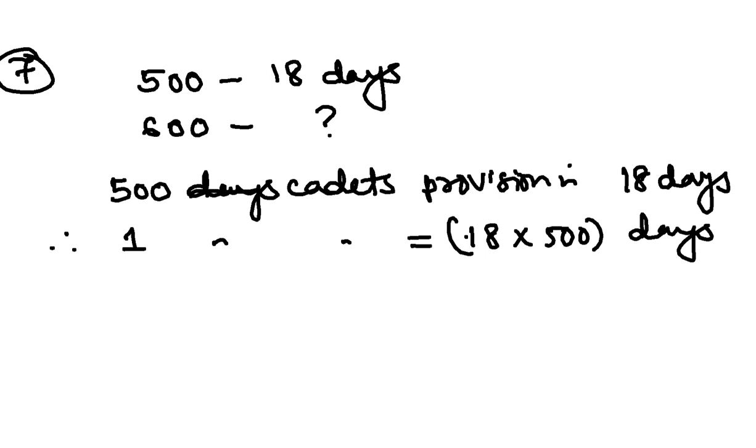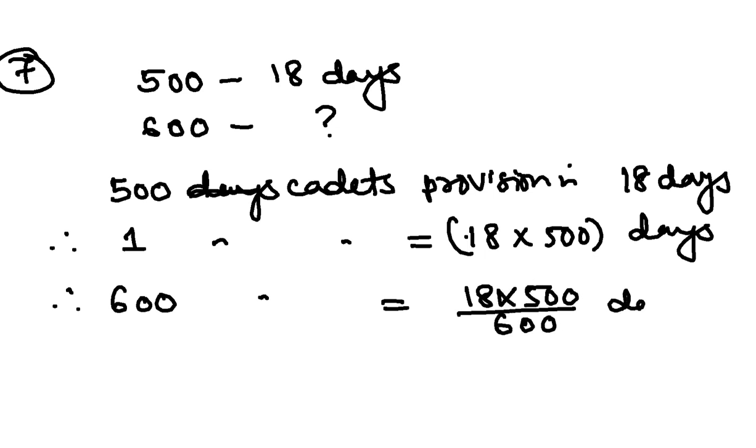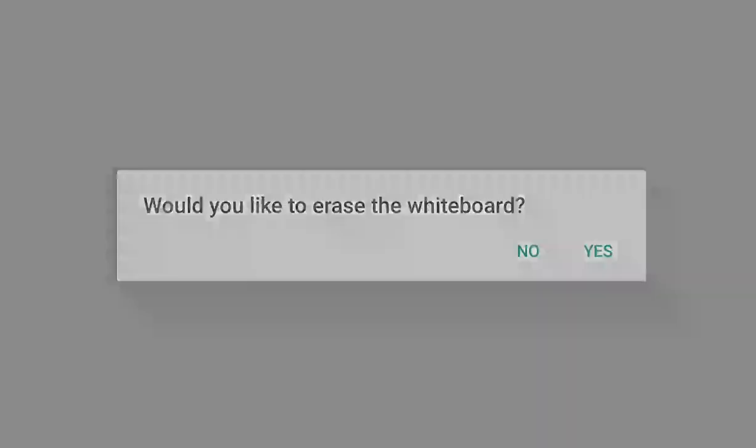If it is direct variation, I'll divide. So now for 600 cadets, provision will be for 18 into 500 by 600 days. Now I'll cancel out the zeros first. Then 6 into 18, 3 times, 3 into 5 is 15 days. Very simple. Now let's go to question number 8.